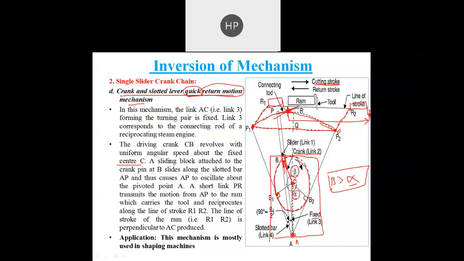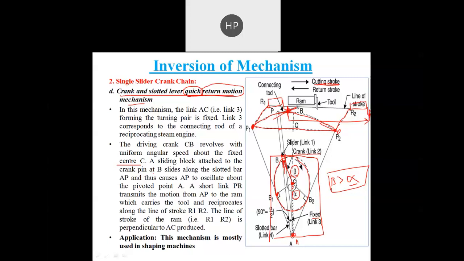So to increase the cutting time and reduce the non-cutting time, the return of the ram should be as quick as possible, and this is achieved by using this mechanism, and that's why it is known as a crank and slotted lever quick return mechanism.